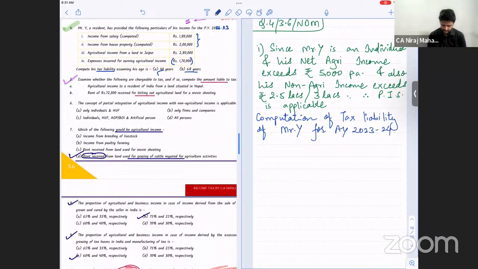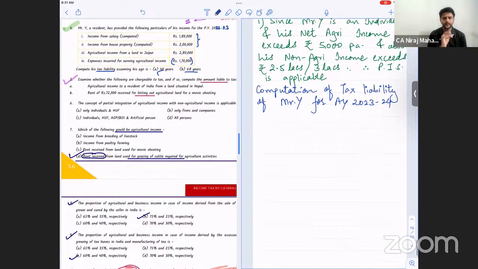Fine. I'm doing both the cases together. Particulars. Case A, I'm writing age 40. And case B, I'm writing age 68. Fine.